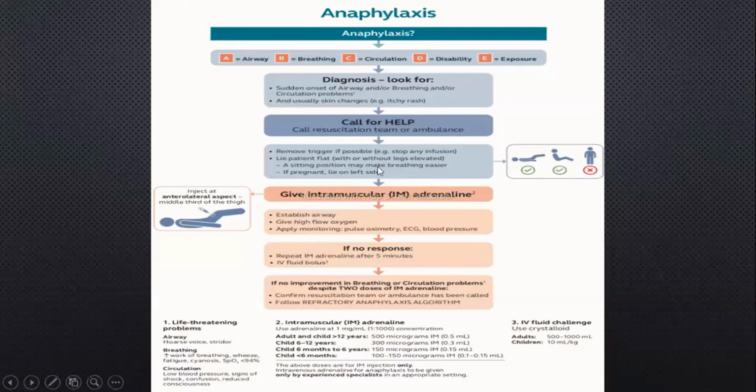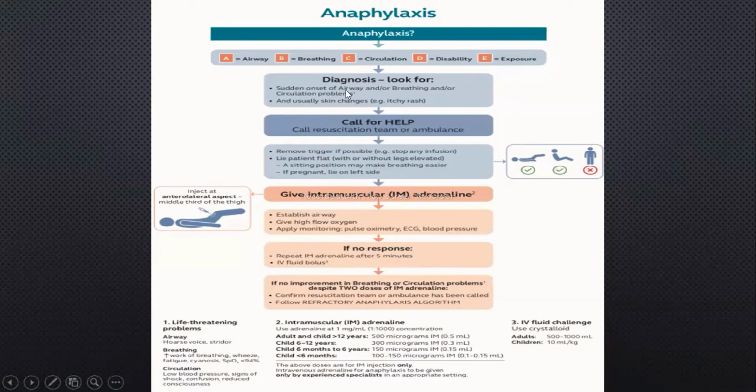So here, the new guidelines for anaphylaxis, they removed chlorpheniramine and they removed hydrocortisone. It's not in the algorithm anymore. So first of all, you will use the ABCDE approach. How to diagnose anaphylaxis? A sudden onset of airway and/or breathing and/or circulation problem, and usually skin changes.